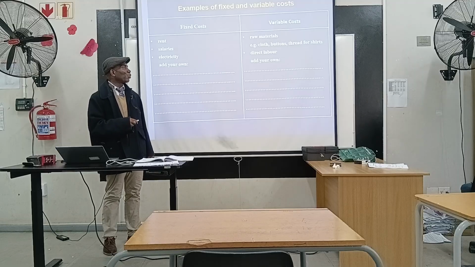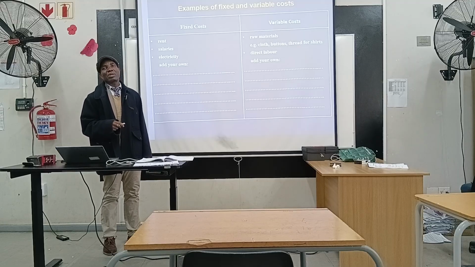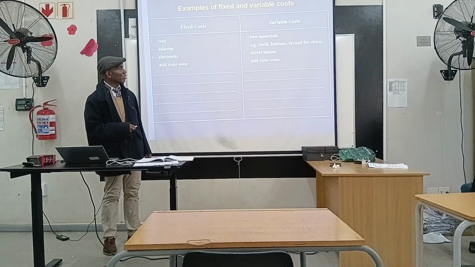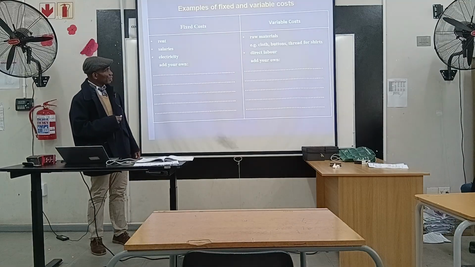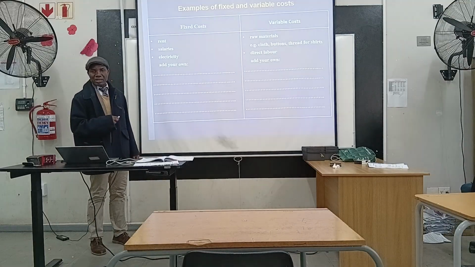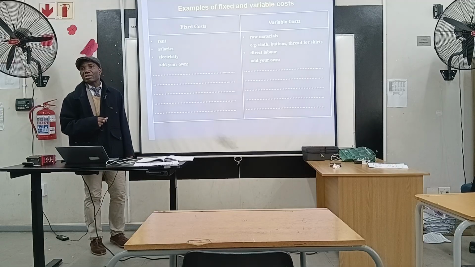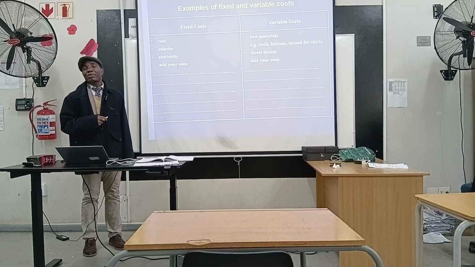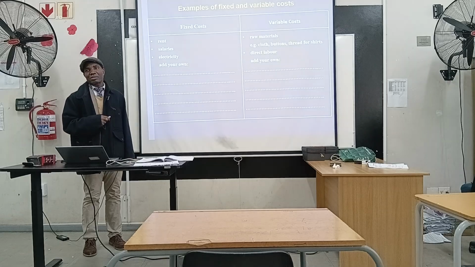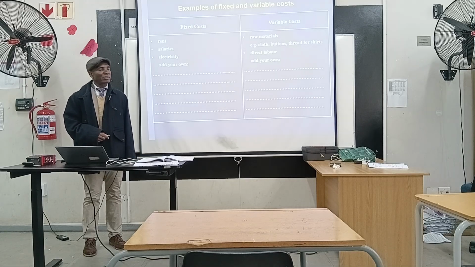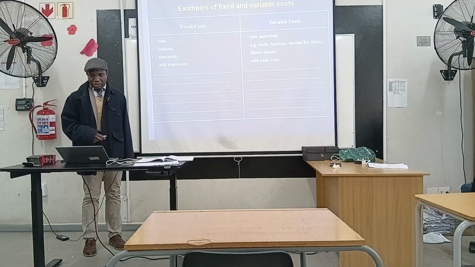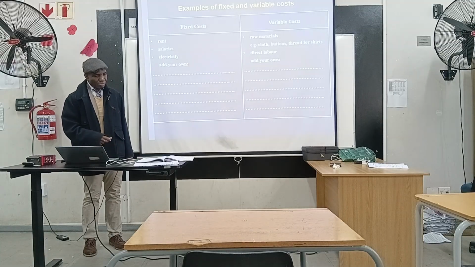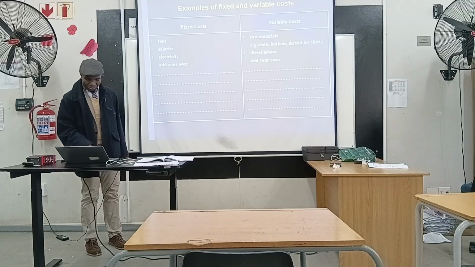That is why we say wages is a variable cost and it's not a fixed cost. So these are the typical examples. For example, insurance. The premium that you pay for insurance is a fixed cost, right? So if they ask you in the exam to give examples of fixed cost and variable cost, that is what you need to know, right?